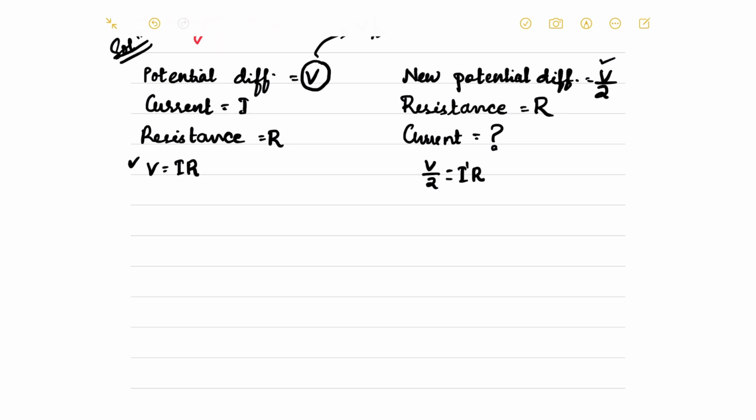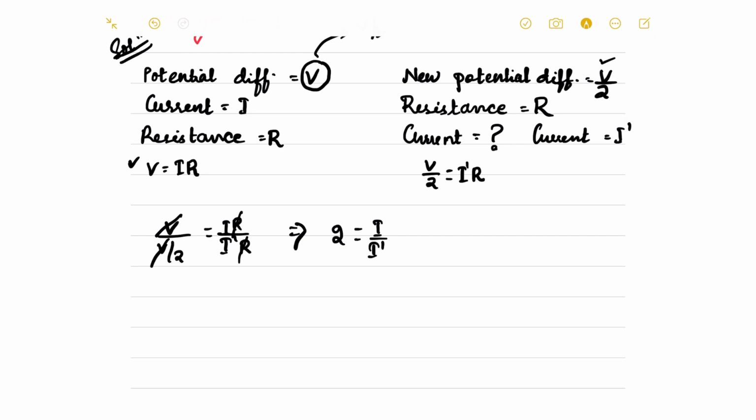If we divide these two equations, then we will get V by 2 is equal to IR divided by I dash R. So V will get cancelled, R will get cancelled. 2 is equal to I by I dash, or we can write it as I dash is equal to I by 2. If the potential difference is decreased to half its former value, then the current will also decrease to half its former value. So this is our answer.